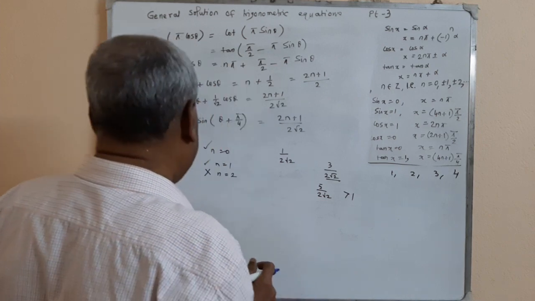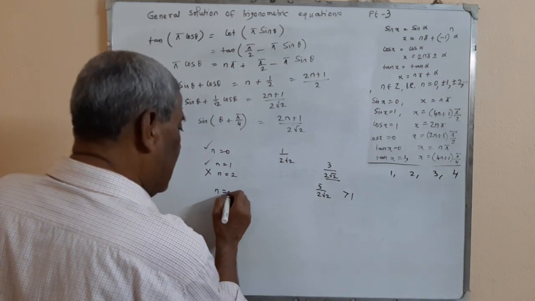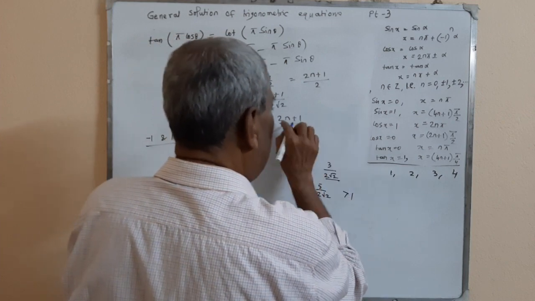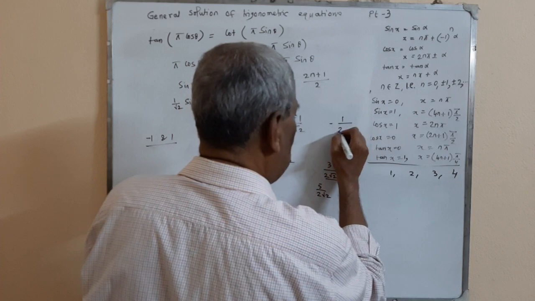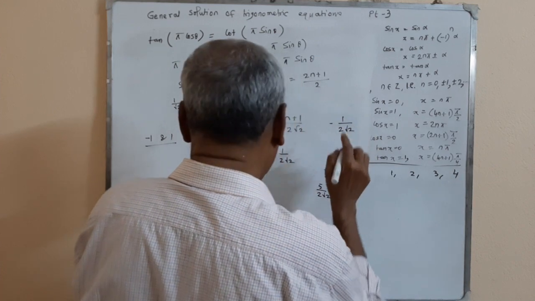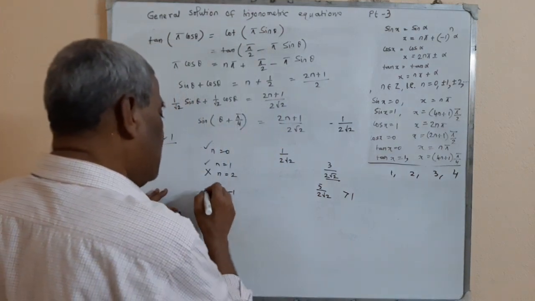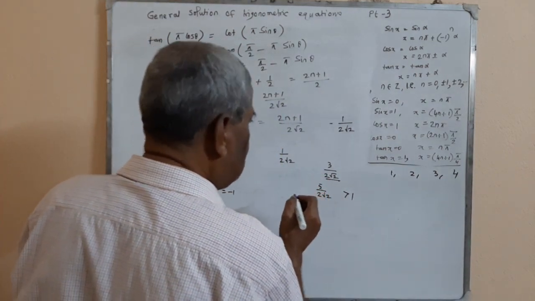Now consider n is negative value, n is equal to minus 1. In that case, it is minus 1 by 2 root 2. It is within the range minus 1 and plus 1. So this is also admissible. Take n is equal to minus 2.